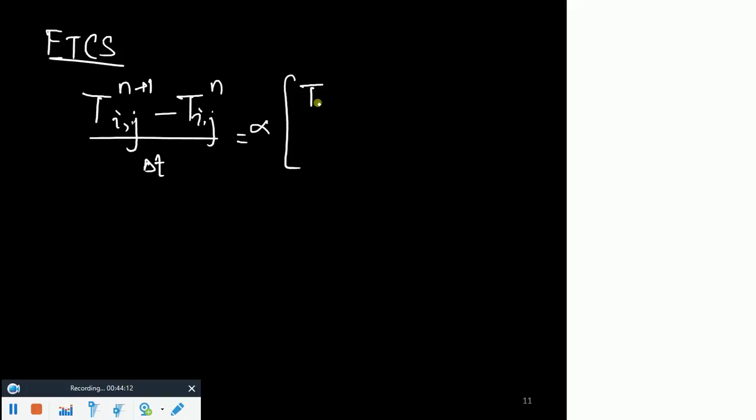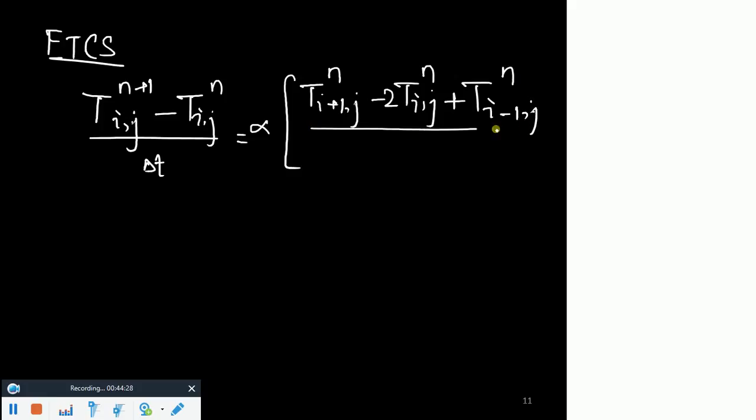should be equal to alpha times Ti plus 1 j n minus 2 Tij n plus Ti minus 1 j n over delta X square.